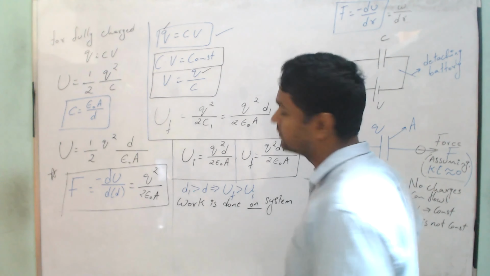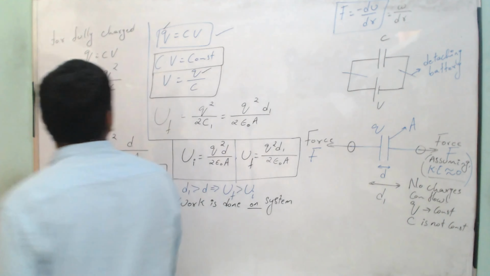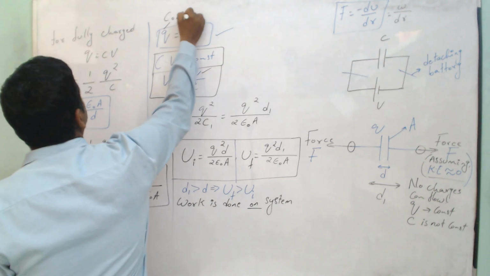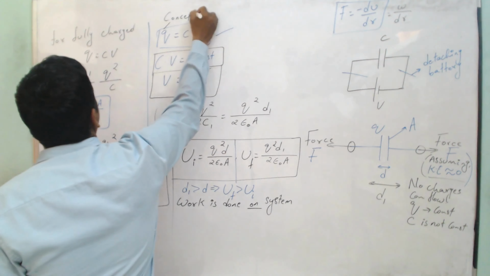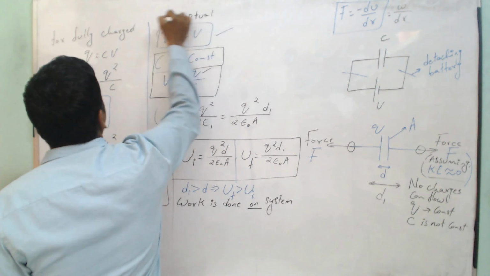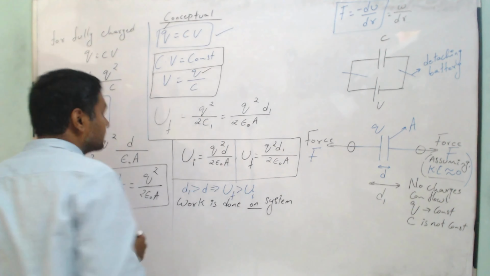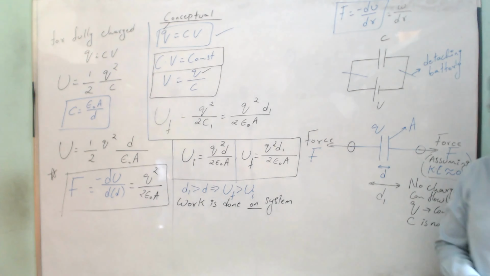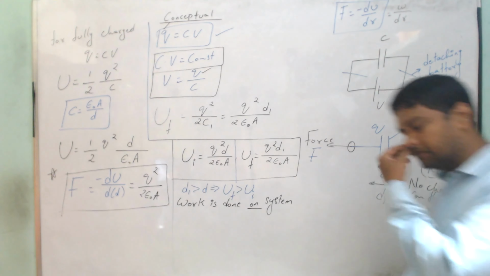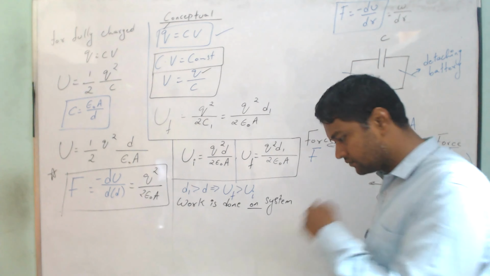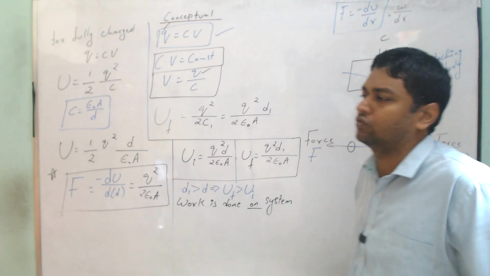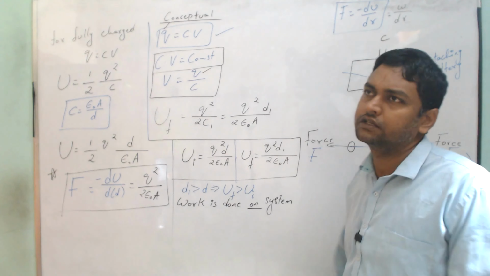So when the external agent is working, definitely the external agent will lose energy. If it loses energy, that energy should go to the system because of the conservation of energy. Who is losing energy?